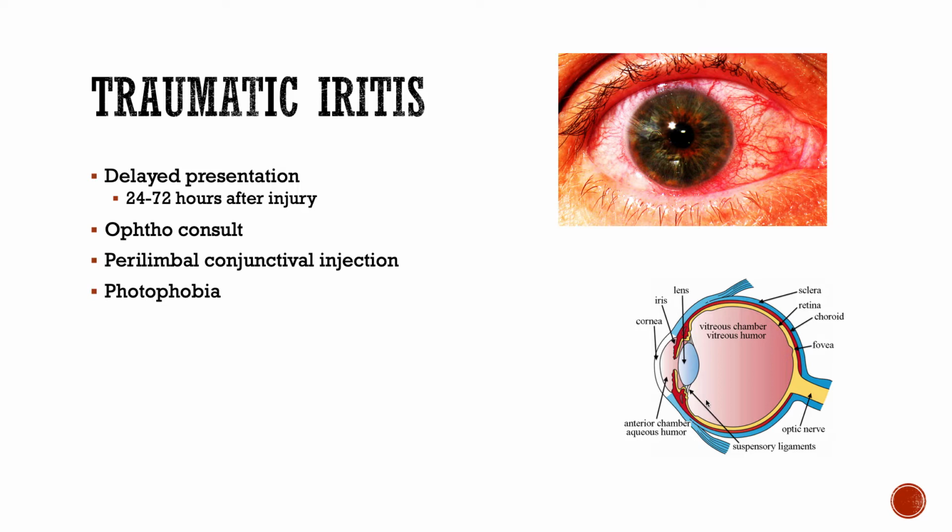And this is when you definitely want to get ophthalmology involved, again, to rule out other injuries. The diagnosis is with a slit lamp exam, and in the anterior chamber with the aqueous humor there is normally a low protein concentration, so what ophthalmology will see is white blood cells in the anterior chamber, but also a protein flare, as they call it, a higher concentration of protein in the aqueous humor.